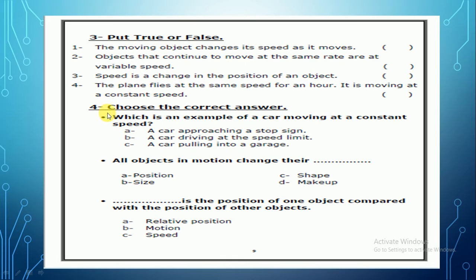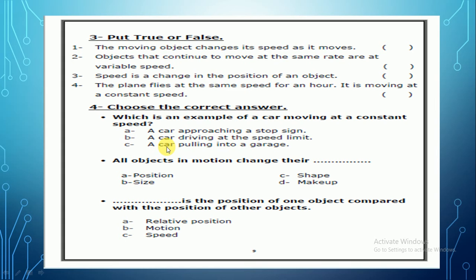Okay. Choose the correct answer. Which is an example of a car moving at a constant speed? Let's see. A car approaching a stop sign. Approaching means slow down maybe. Letter B, a car driving at the speed limit, means it doesn't change.